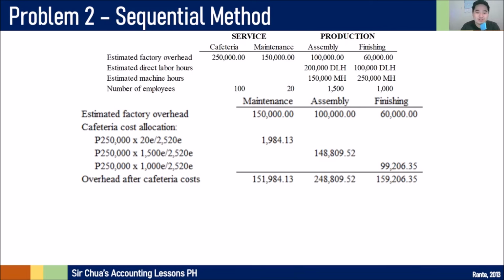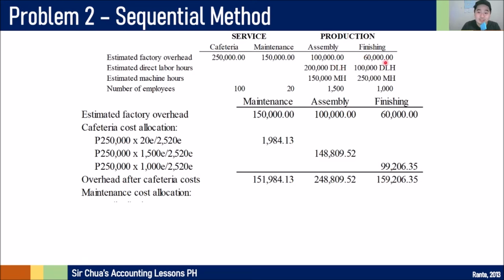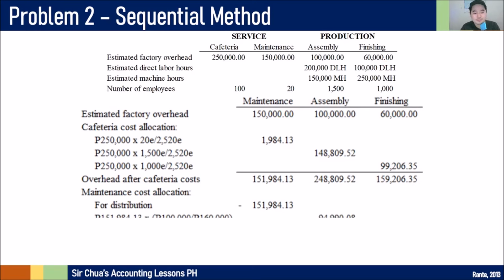So, diretso na tayo sa allocation ng maintenance cost. Based po siya sa overhead. So, dahil ina-allocate na lang po natin is sa production na lang, 100 tsaka 60 pa din, parang kanina sa direct method. Okay? So, ang for distribution natin is 151,984.13. So, present mo na siya negatively para mamaya mag-0 po siya. Okay.